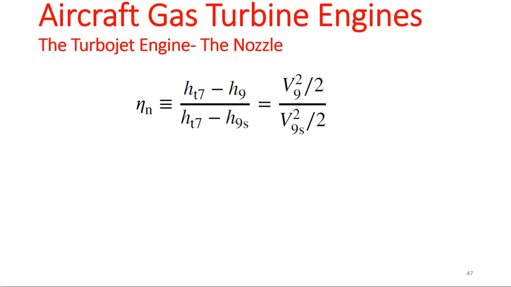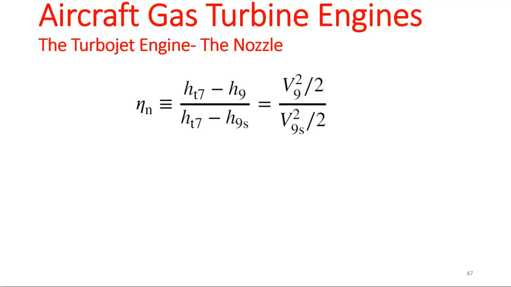So HT7 minus H9 divided by HT7 minus H9S. Of course, if you were to find the isentropic velocities, which we don't use that much really, you can use the exhaust velocity and the isentropic exhaust velocity to calculate that efficiency.